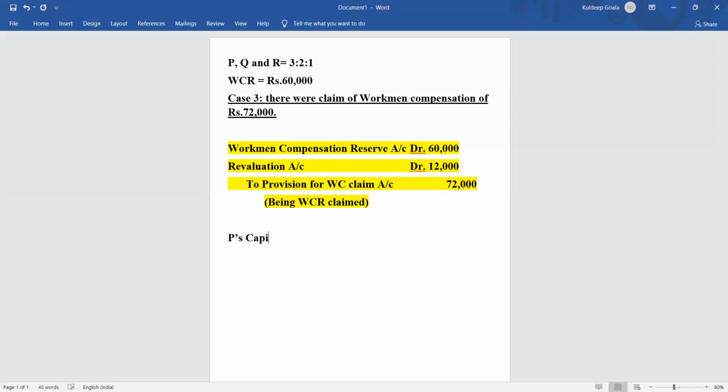So P's capital account debit. How much? We'll find out later. Q's capital account debit.